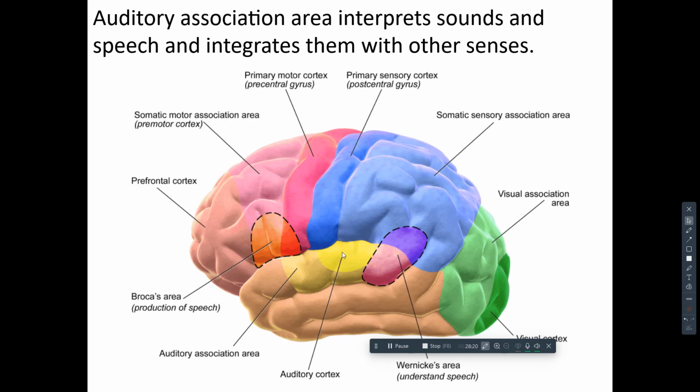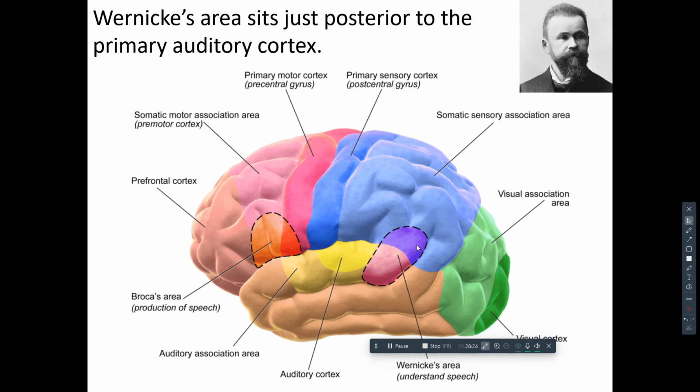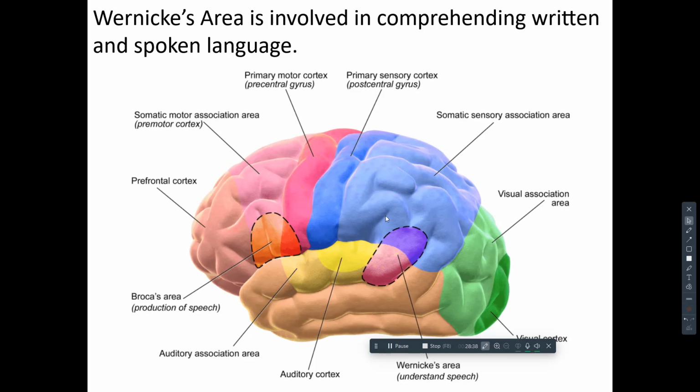Now, as far as speech goes, there's a special area called Wernicke's area, which is just posterior to the primary auditory cortex, and it kind of overlaps with the parietal lobe as well. Wernicke's area is involved in comprehending both written and spoken language. This is where I understand speech.